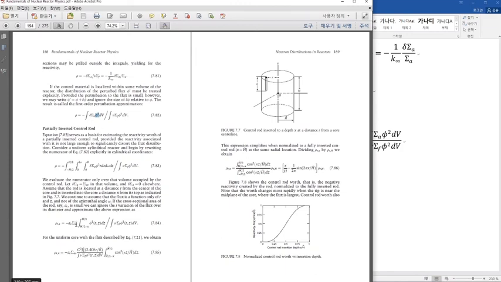This would be the cross-sectional area of the control rod here, and sigma AC would be the macroscopic cross-section of the control rod, and the integration should be performed from h over 2. That is because of the height. This is the point of h over 2.